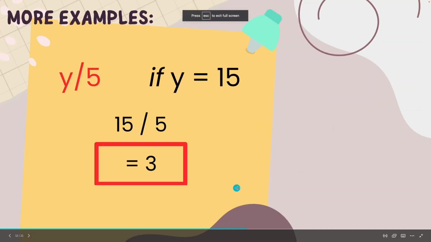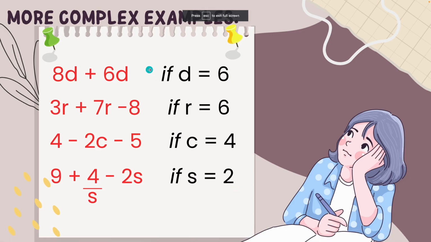Alright, then let's proceed. Let's have more complex examples. Let us have the first one. We have here 8d plus 6d if d is equal to 6. So just the same thing. We're just going to substitute the variables to a given constant number.